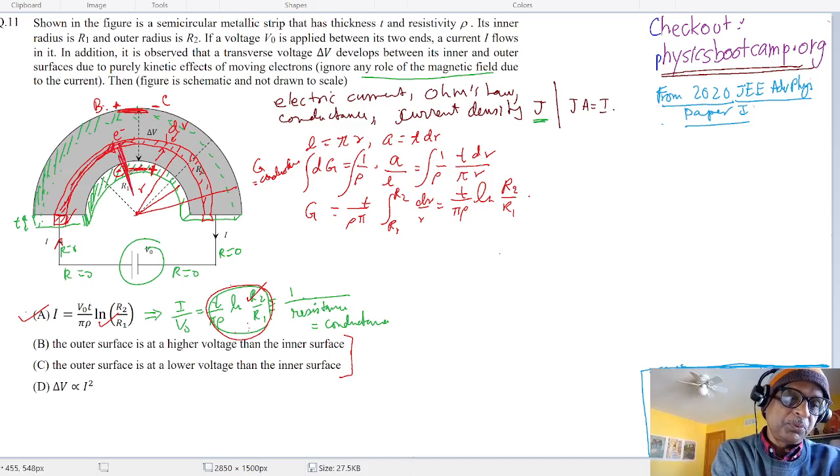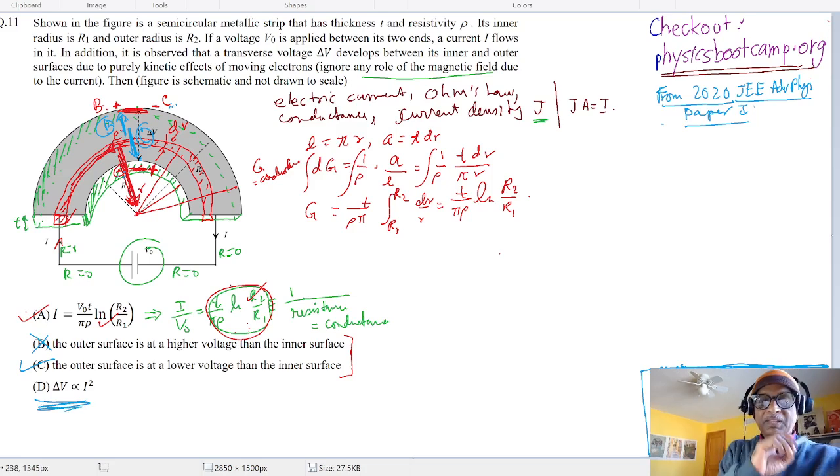So we need an inward force for this motion to be circular. For B, the force will be that way, the opposite. For C, the force will be the direction we need. So C is correct, B is not correct.